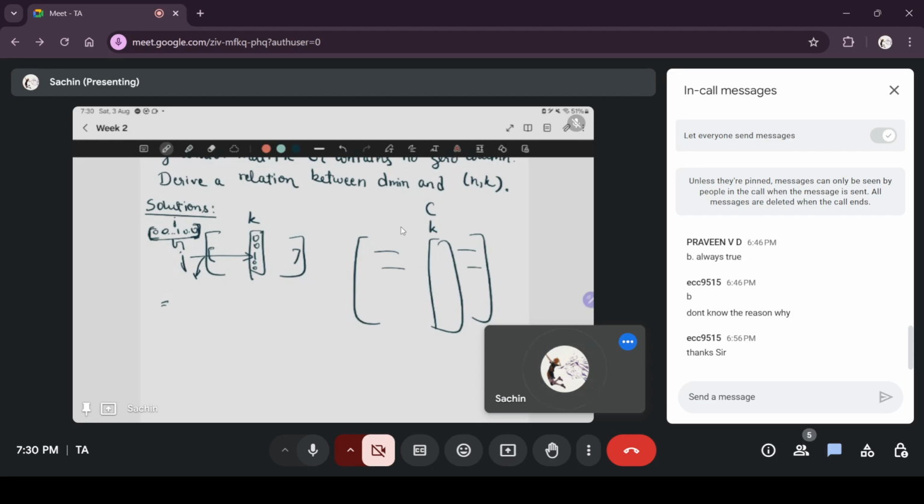So if you've seen in linear algebra, when you multiply a row vector by a matrix, what it is doing is taking a linear combination of the rows of that matrix.